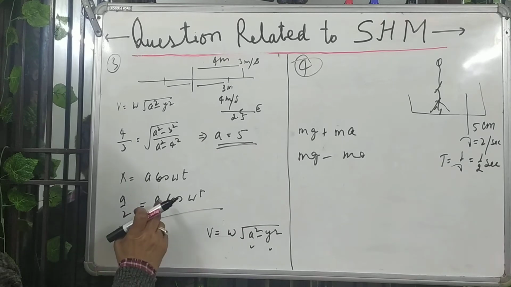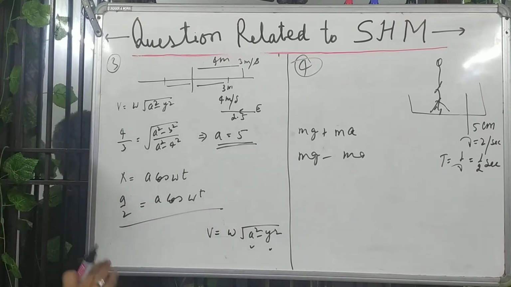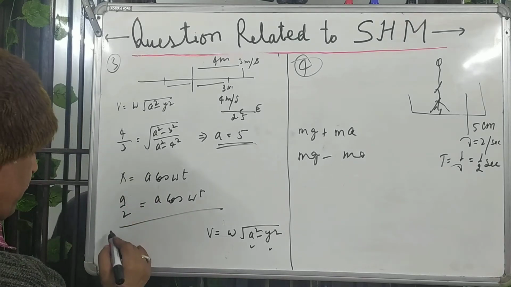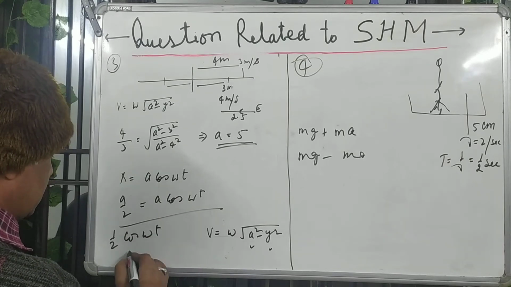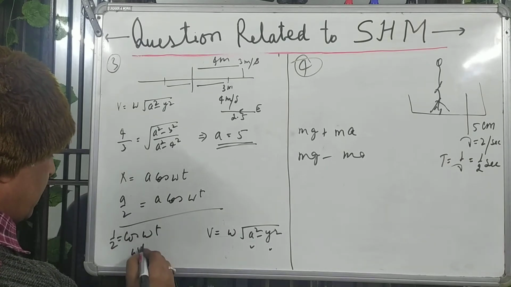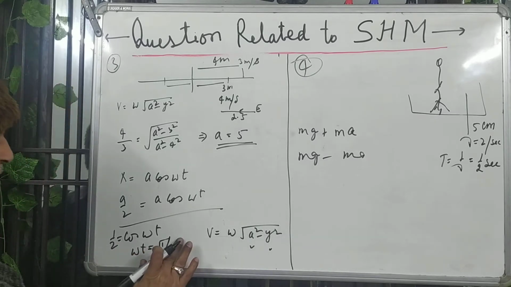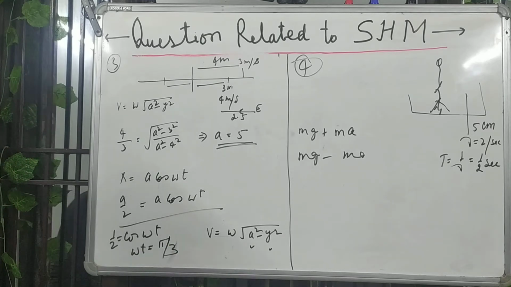So a by 2 equals a cos omega t, and in this case you can find 1 upon 2 equals cos omega t. This implies omega t is pi by 3, since cos 60 degree is 1 by 2. So you have omega t, and t is to be found.